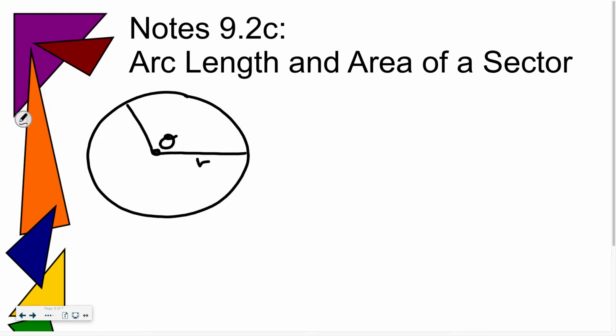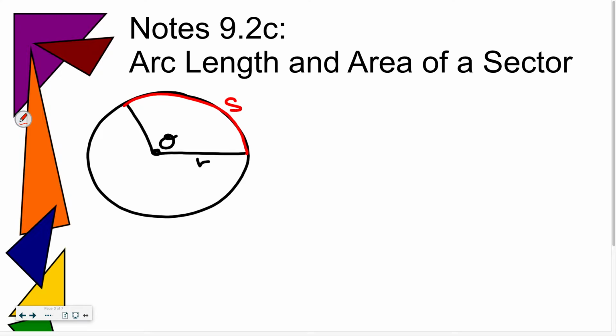When you're asked about arc length, you want to know the length of the arc that's intersected by that angle theta. It's like the definition of a radian, where the length of that arc would be equal to the radius. But you can have arcs of all different measures. They could be longer than the radius, shorter than the radius. It's just whatever that measure or portion of the circumference is.